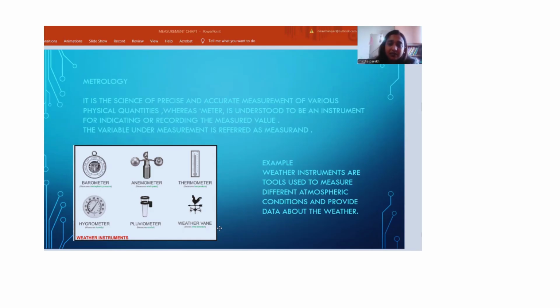The variable under measurement is referred to as the measurand. For example, weather instruments are tools used to measure different atmospheric conditions and provide data about the weather. So here is a simple definition of metrology: it is the science of precise and accurate measurement of various physical quantities. Like length is measured through the meter.